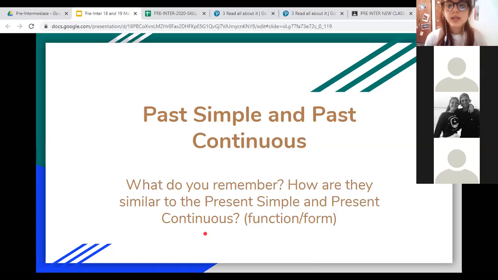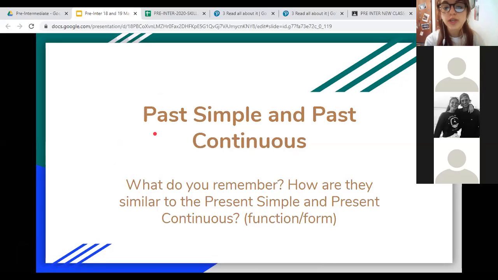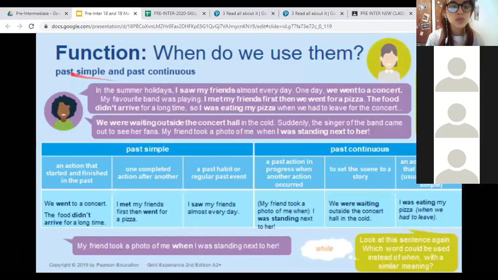Good. Now we're going to work with past simple and past continuous. Do you think they are similar in any way? We're going to see. First, we're going to start with the functions. When do we use each of these tenses?